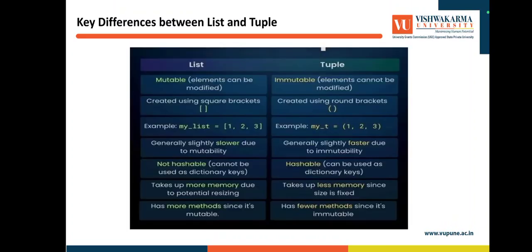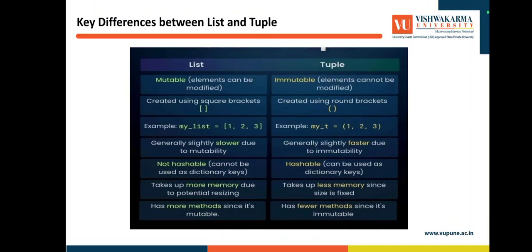Let's see the key differences between list and tuple, which we are going to see in this video. The first point is mutability. A list is mutable, which means elements can be modified, and a tuple is immutable, which means elements cannot be modified. A list is created using square brackets, whereas tuples are created using round brackets.